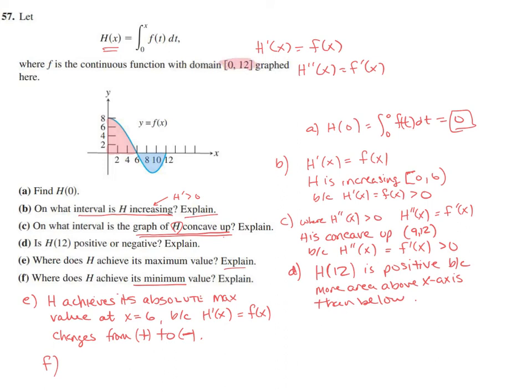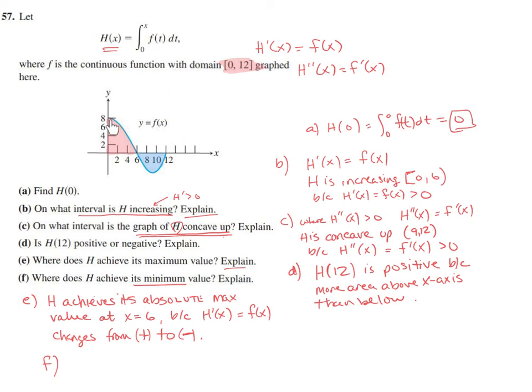It's a closed interval from 0 to 12, so that means we have endpoints. Because we have left and right endpoints, maybe there's a minimum value there. So let's take a look. The left endpoint is at 0, 8. So h prime, remember, equals f of x.